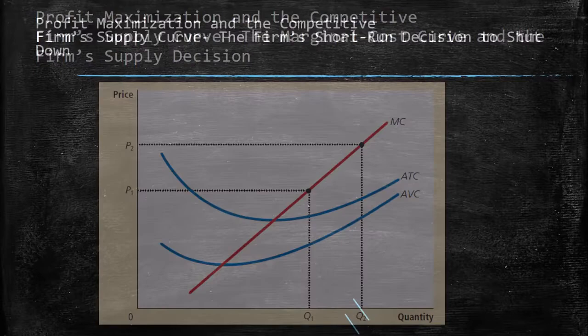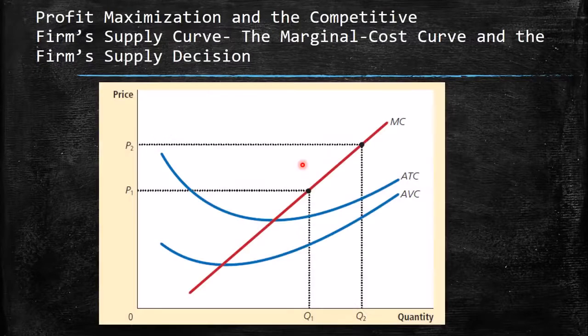Then, when we talk about this part, the idea is when we have this price, and this is Q1, imagine that this is the marginal revenue. So at this time, you will produce this quantity, Q1, and it's going to be exactly the same as the marginal cost.